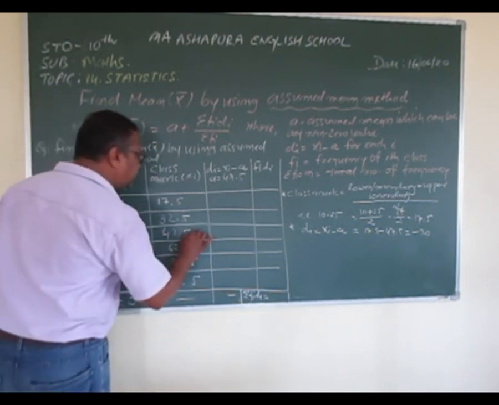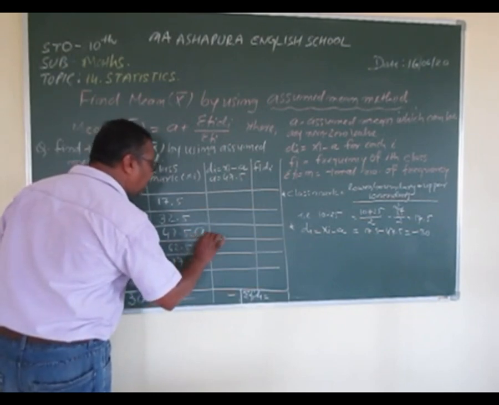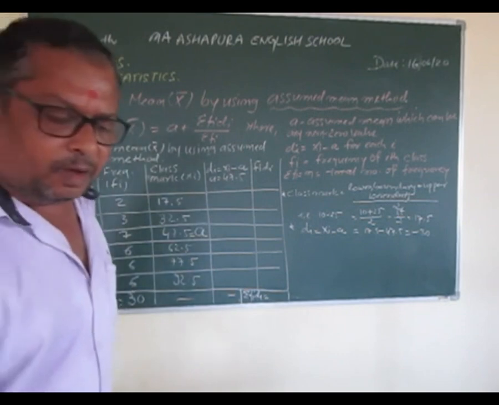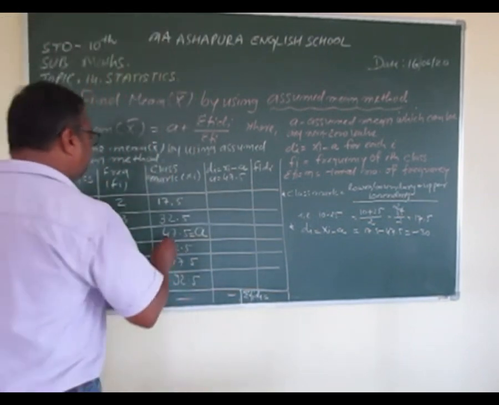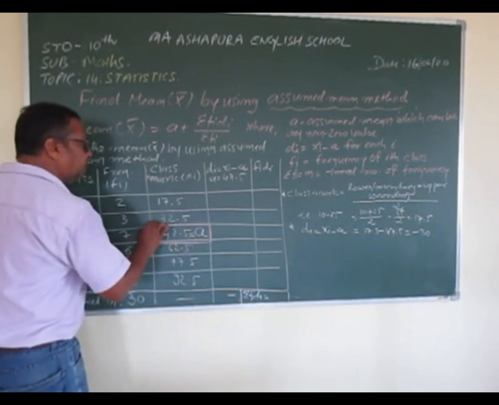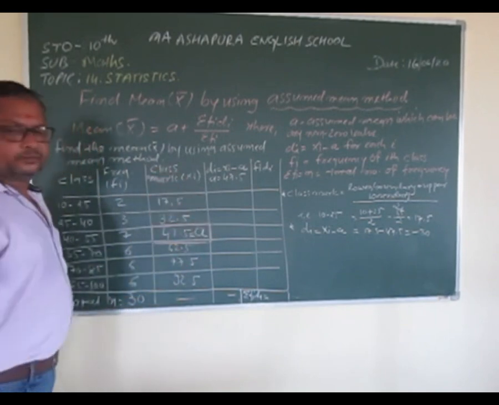So here we suppose the assumed mean a is equal to 47.5.